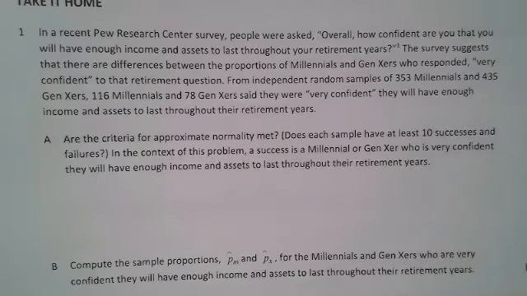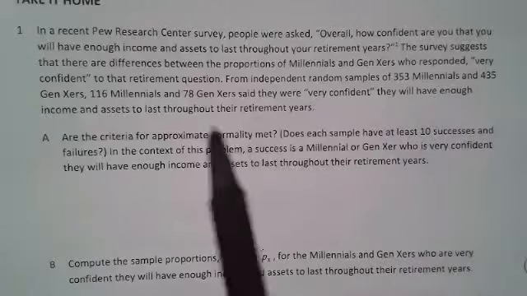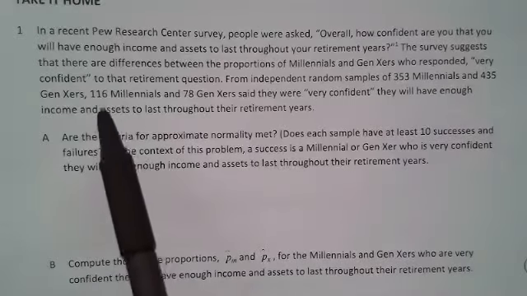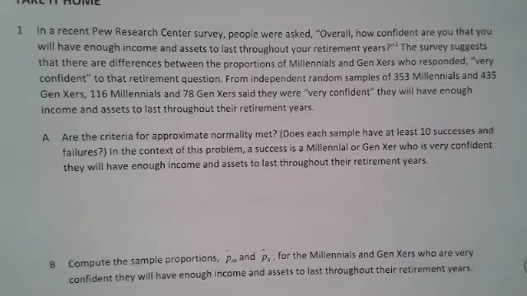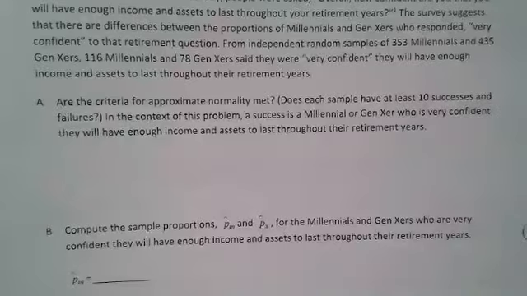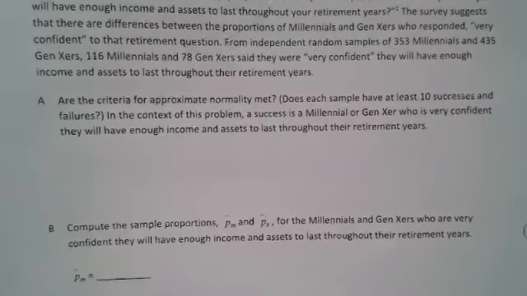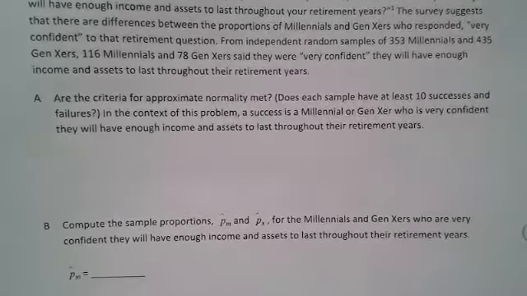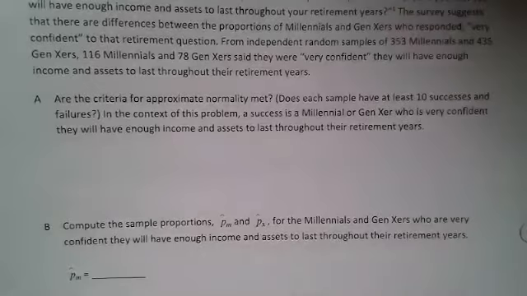So from random samples of 353 millennials and 435 Gen Xers, 116 millennials and 78 Gen Xers said they were very confident they will have enough income and assets to last through their retirement years.